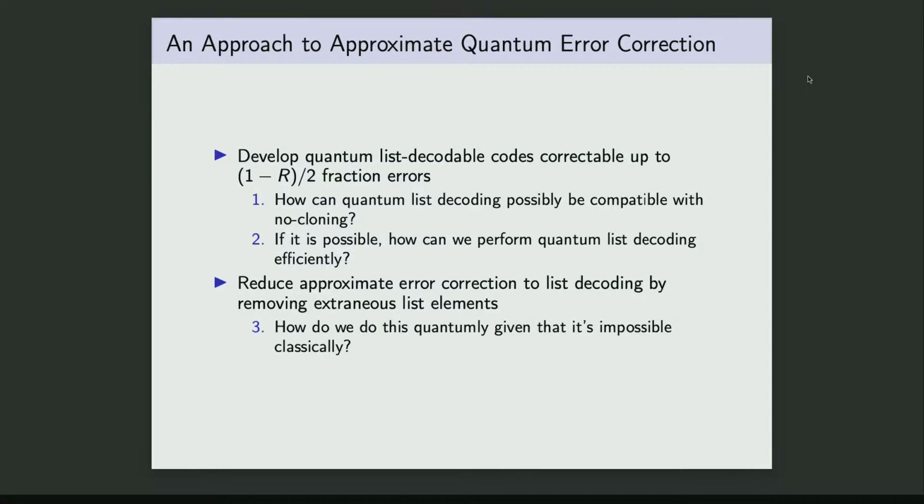And for this third step, we need some reduction from approximate error correction to list decoding. And we know that this is impossible classically, because I argued that classically, we can't close the gap between 1 minus r and 1 minus r over 2, whereas we're trying to close this gap quantumly. So somewhere we're going to have to do something quantumly that doesn't work classically.